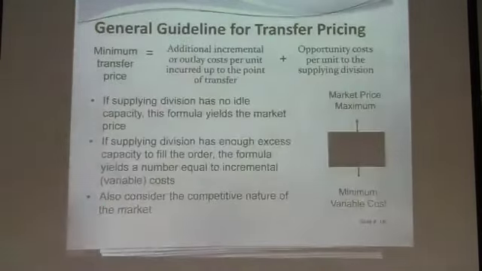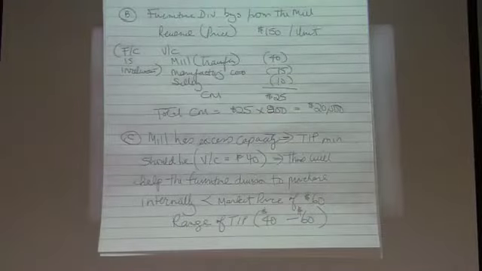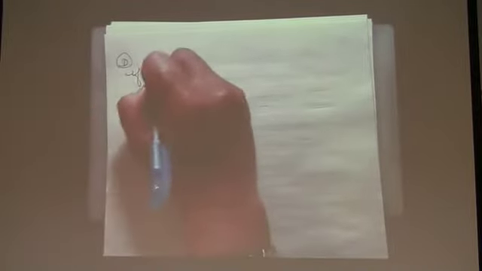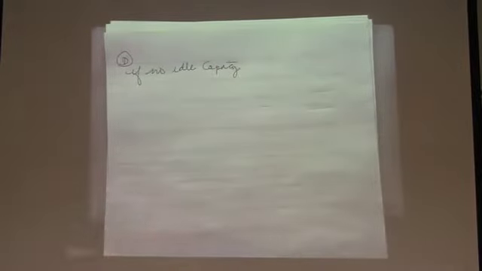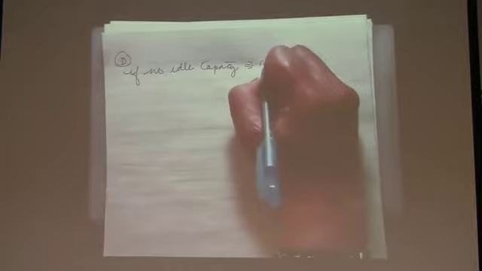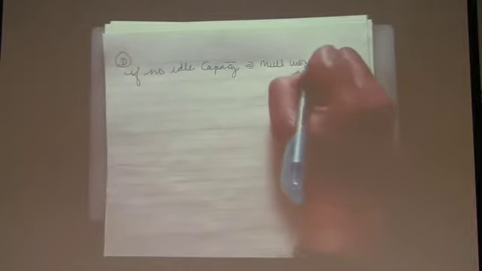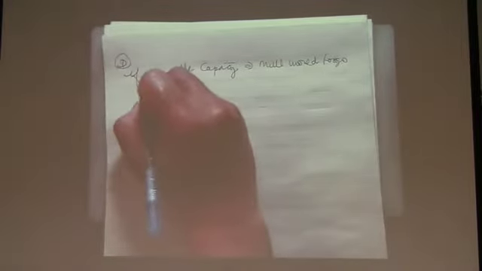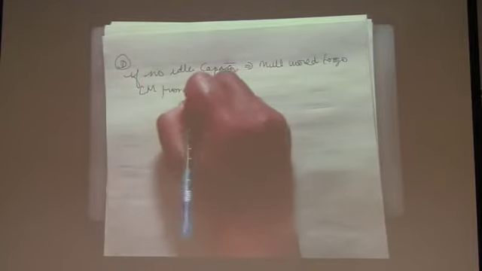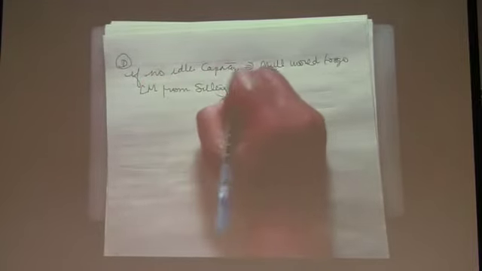So the answer for D is, if no idle capacity, then the mill would forgo contribution margin from selling to their regular customer.